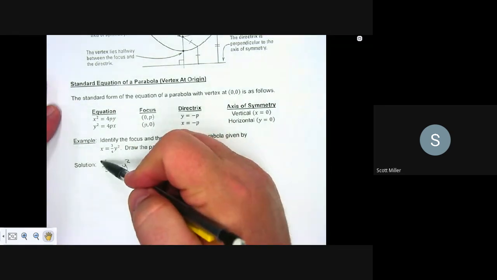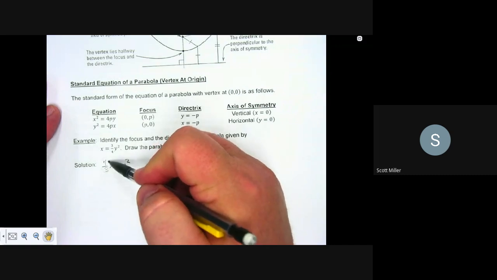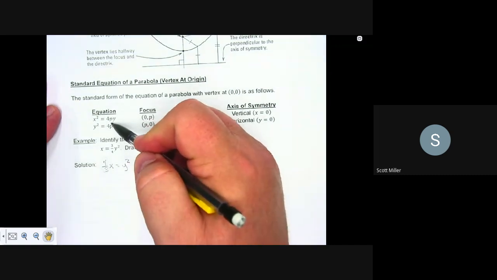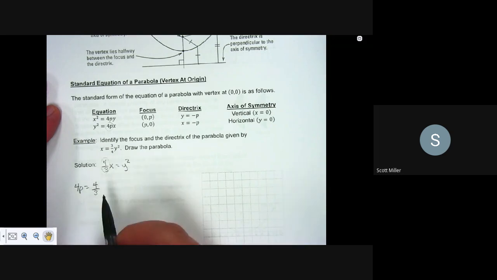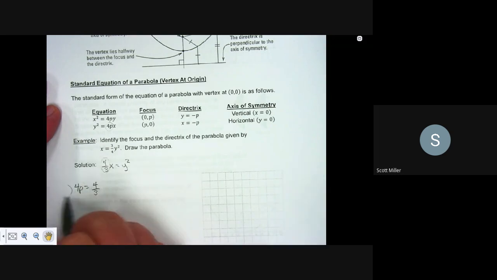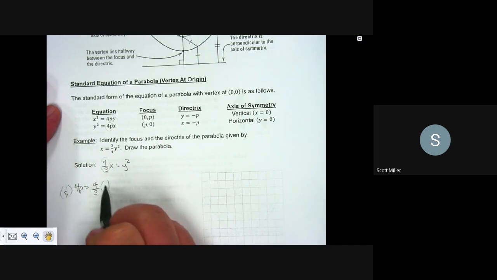Because that number that's in front of the x is that number that's in front of the x. And you'll notice that p is part of that number. So then I can take this and say, well, 4 times p is 4 over 3. And then I can just basically solve this for p. 4's drop out, and I get p is equal to 1/3.